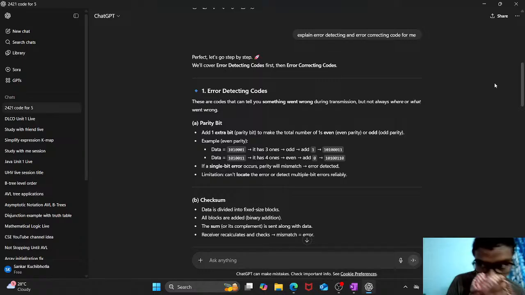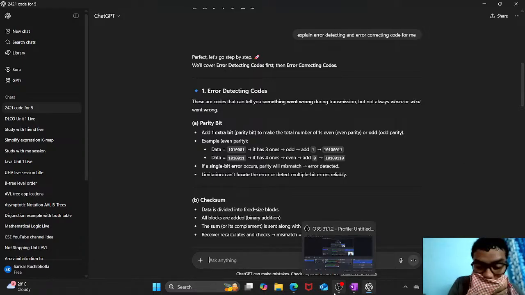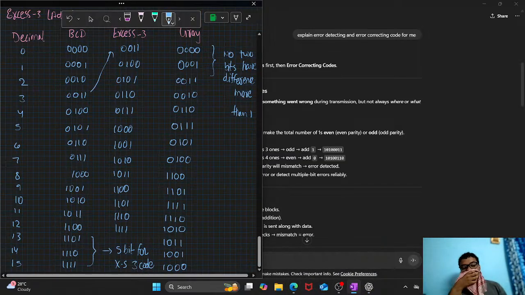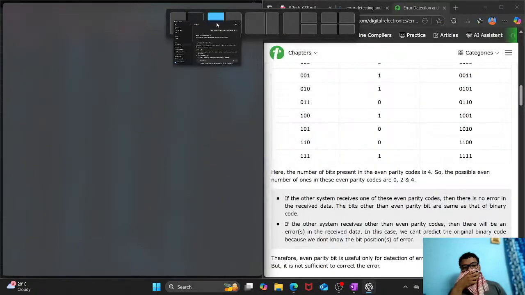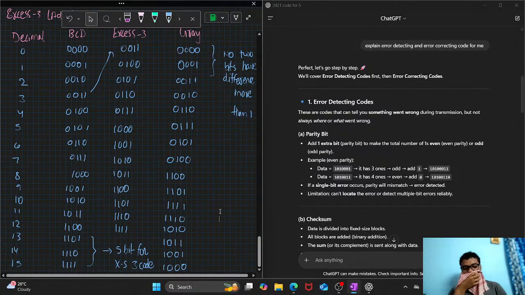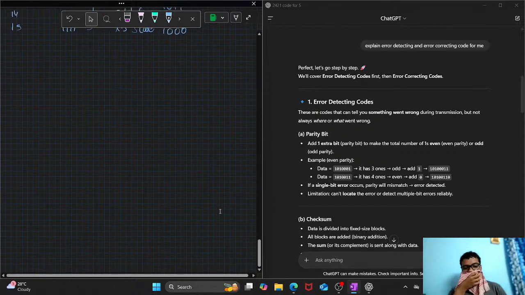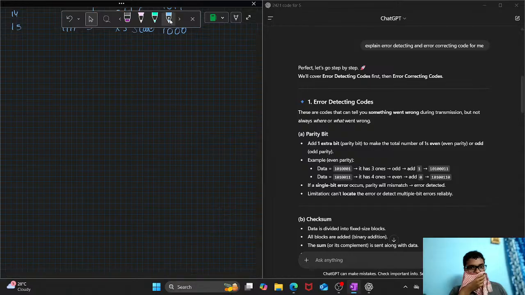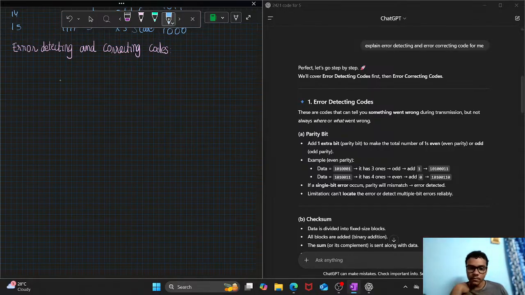We're right there, detecting and error correcting codes. Parity bit.